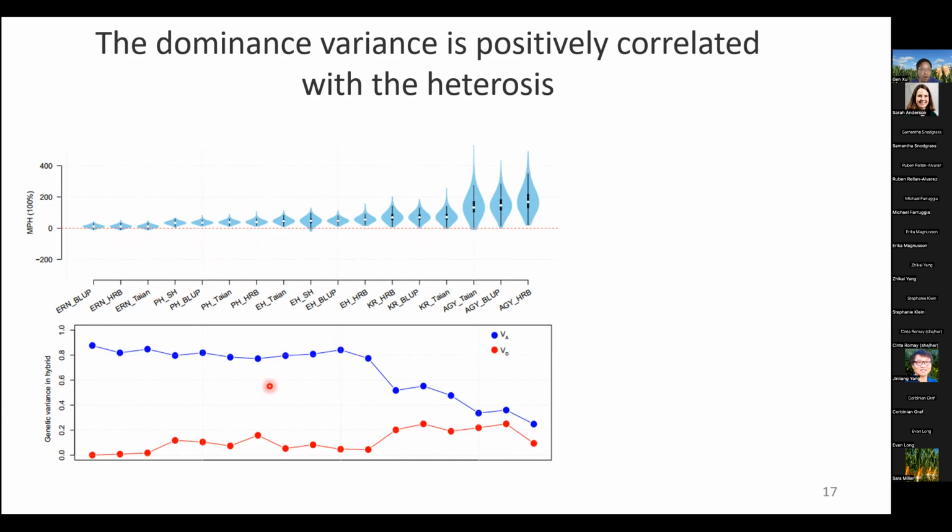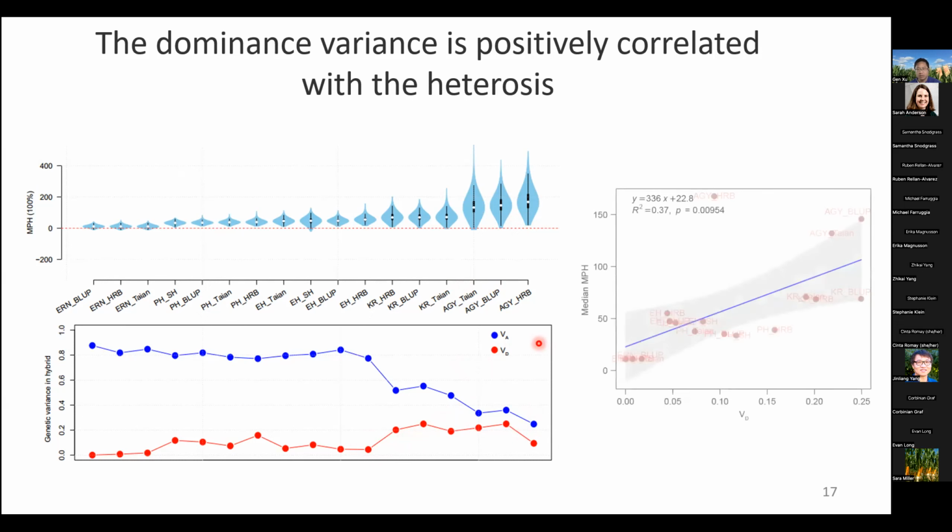And the bottom panel is the additive variance and the dominance variance we calculated for each trait in the hybrids. In this picture, you can see with increased middle parent heterosis, the dominance variance seems to increase, for the red lines.